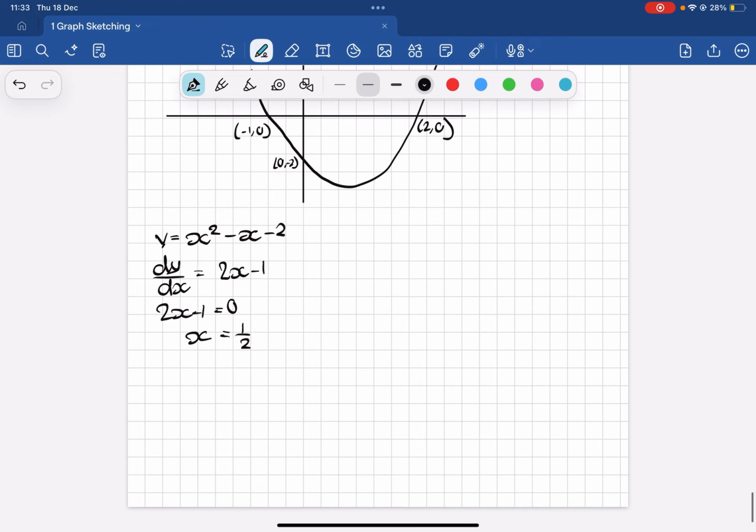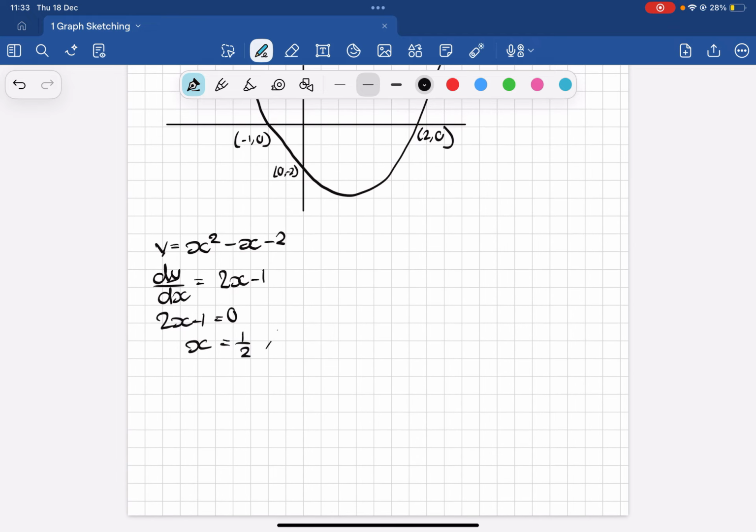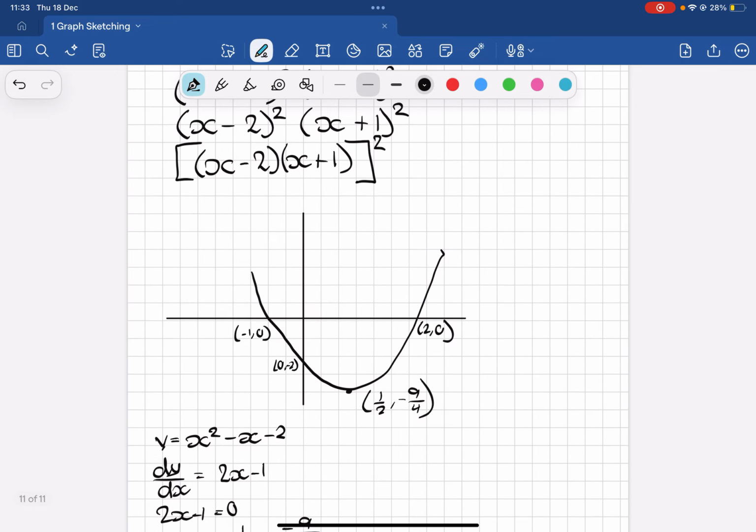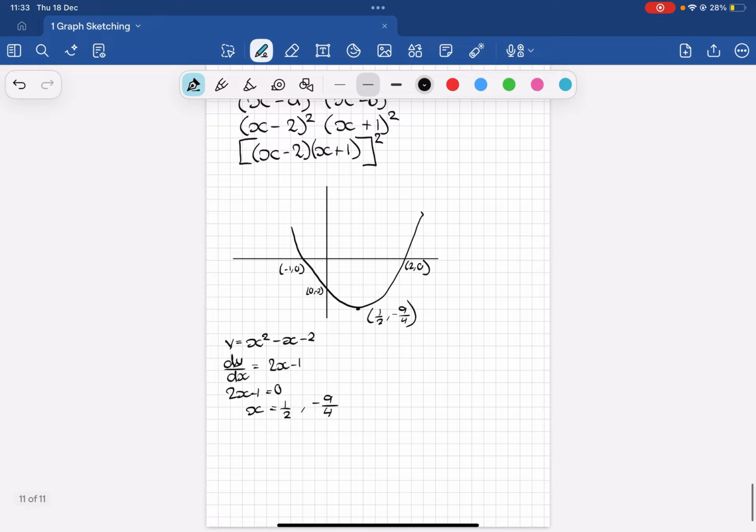We sub that back into our original equation, we get a quarter minus a half, which is minus a quarter, minus 2, which is minus 9 over 4. So we've got turning point (a half, minus 9 over 4). So we've got the inside of our brackets all sketched.